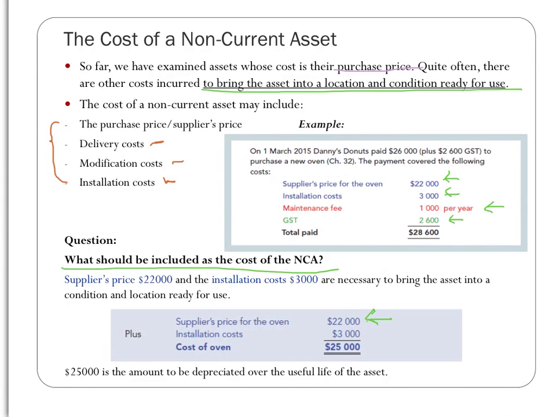Installation cost: this cost is also necessary to bring the asset into a location and condition ready for use, $3,000. So you add that on. So the cost of the oven is really $25,000. We'll talk about why the maintenance fee is not included. So $25,000 is the amount to be depreciated over the useful life of the asset.